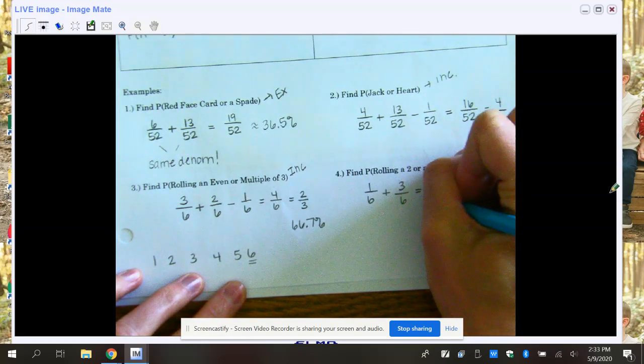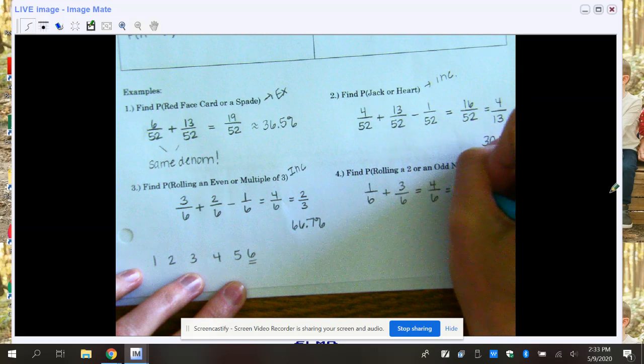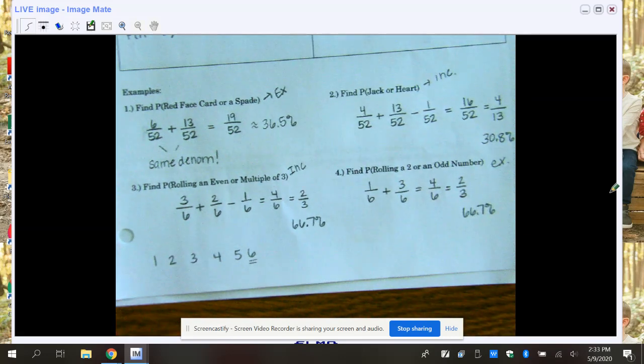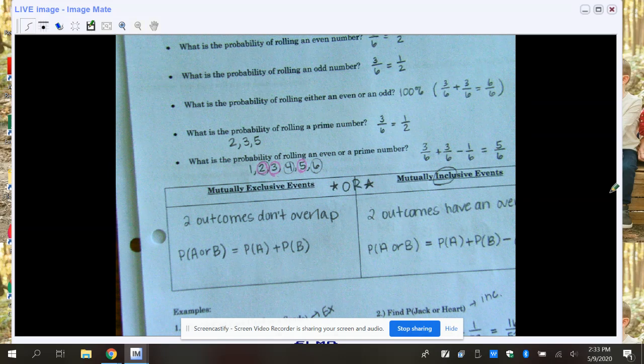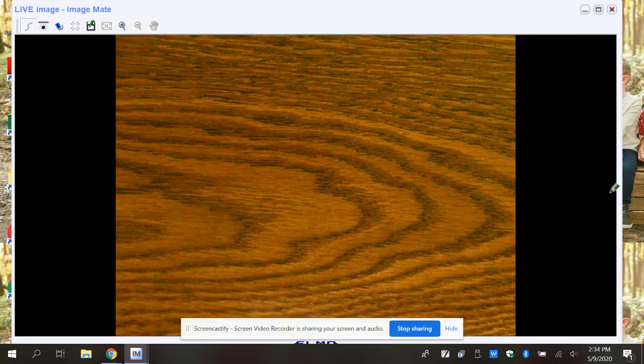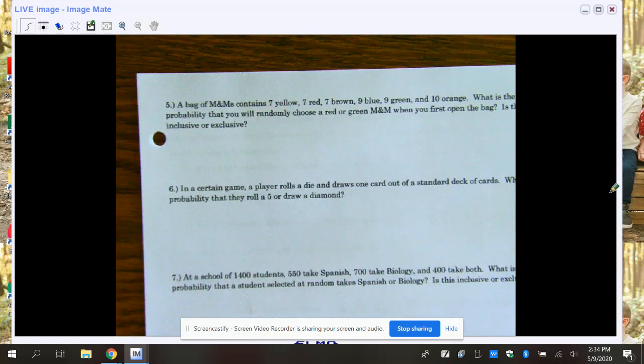So this is also going to be 4 out of 6, which is 2/3 or 66.7%. So again, I will repeat. You add when it's one event, one draw, one roll, something like that. You multiply if you're looking at 2 separate events. Okay? All right. Keep on going here.